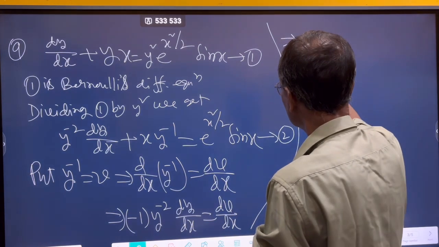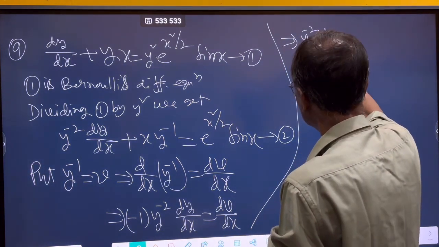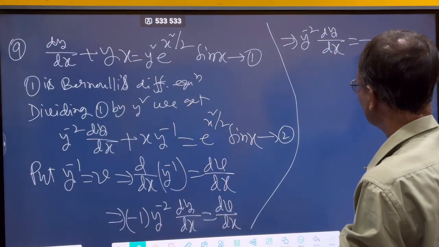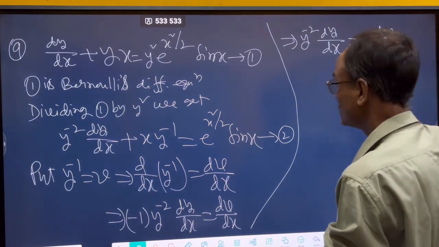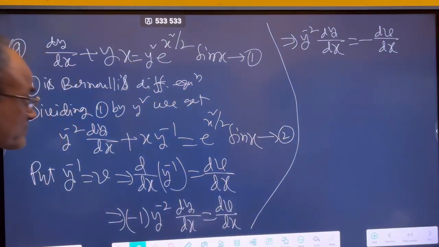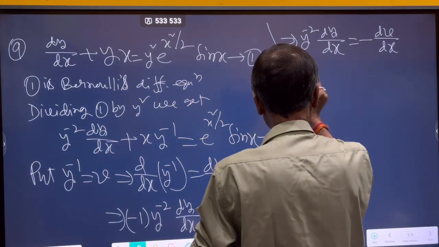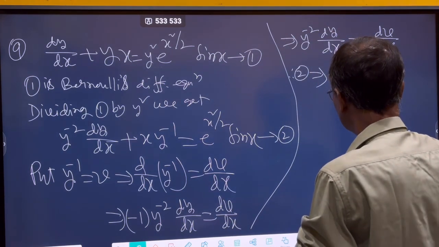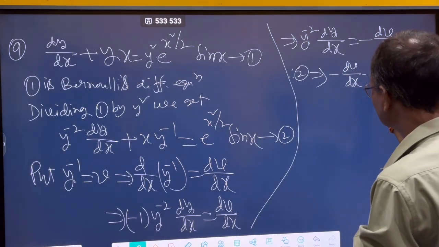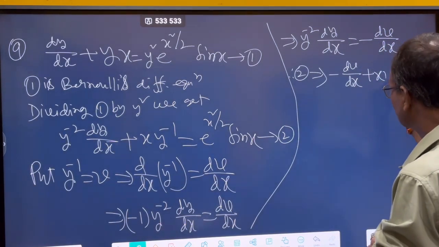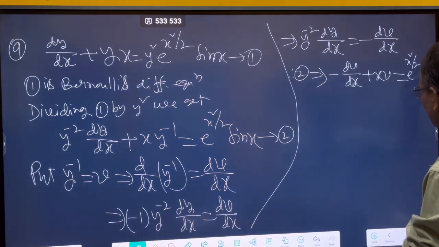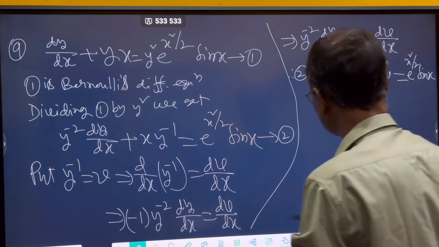This means y to the power minus 2 dy by dx equal to minus dv by dx. Therefore, from 2 you will get minus dv by dx plus x v equal to e to the power x square by 2 sin x.